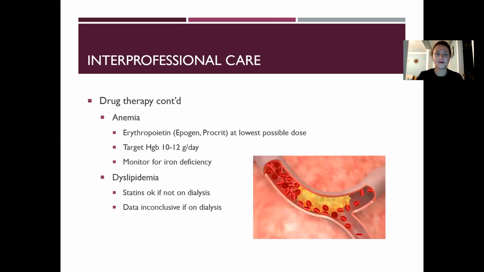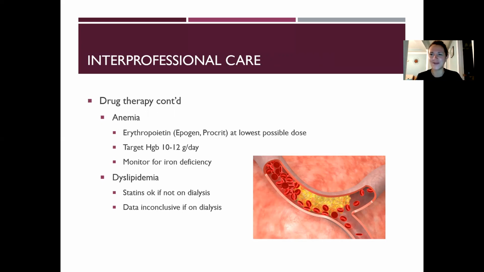Continued drug therapy, we're going to give erythropoietin at the lowest possible dose because we don't want to send them in the other way and make them hypercoagulable and send them into like a risk for DVT or MI or stroke. But we do want to give them erythropoietin to promote RBC production to a target hemoglobin of 10 to 12 grams.